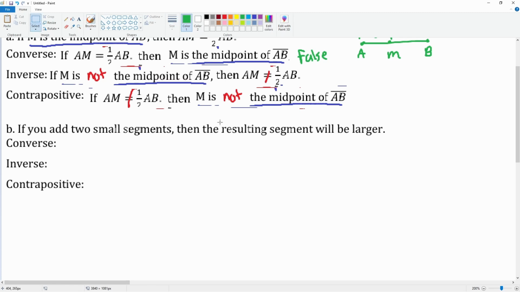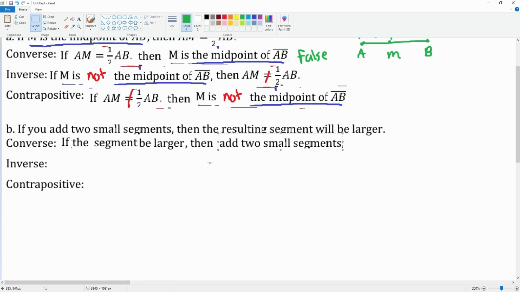So the converse of that would be, let's say, if the segment is larger, if the segment is bigger, then you can add two solid segments.